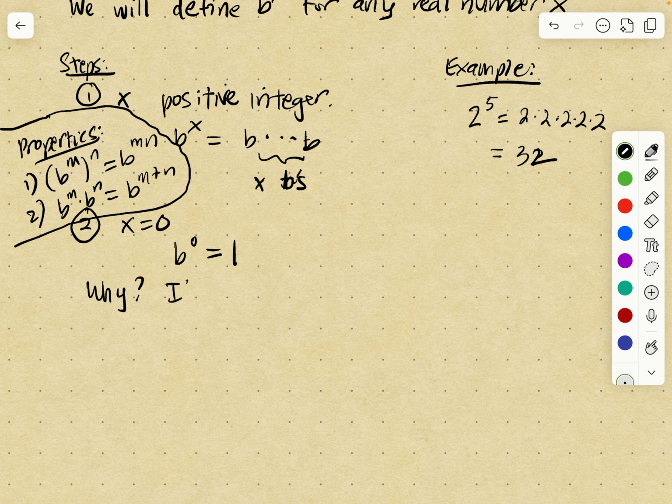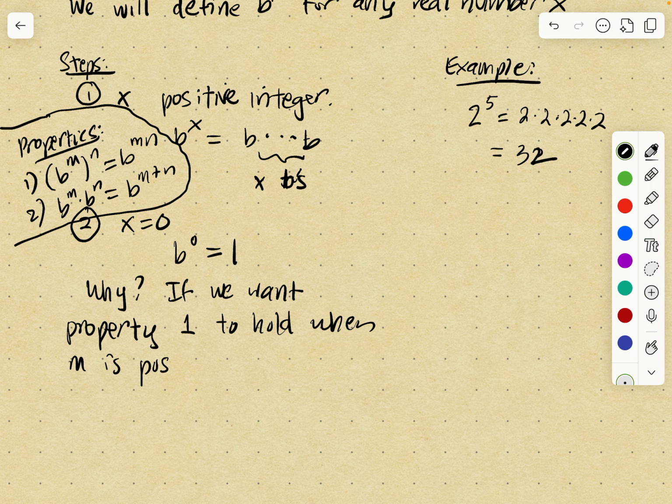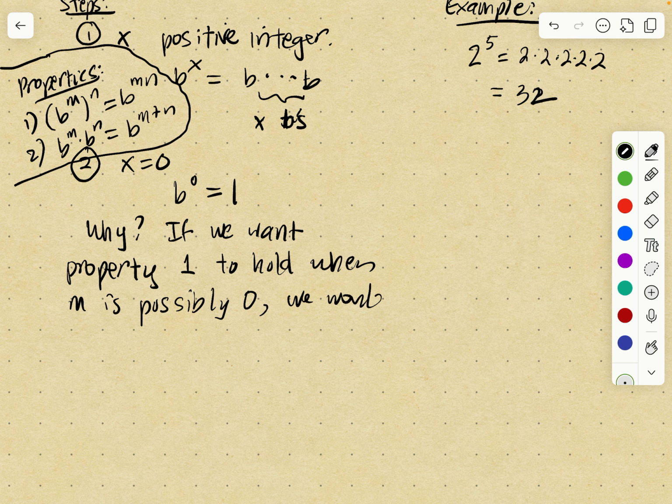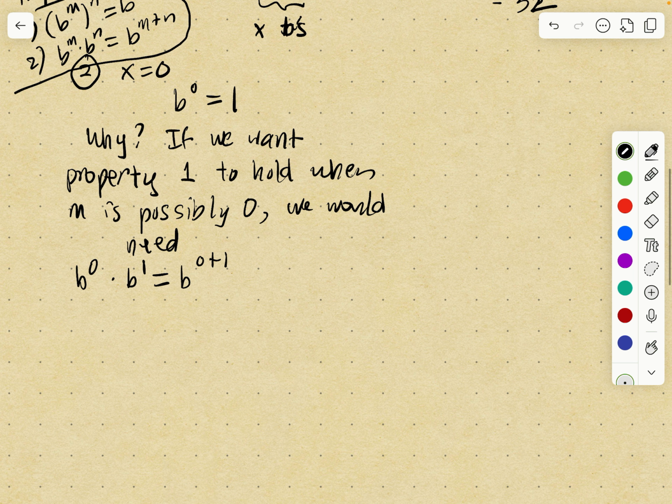Well, if we want property 2 to hold when m is possibly 0, we would need that if you take b to the 0 plus 1, that's the same as b to the 0 times b to the 1. If you take m to be 0 and n equals 1, then you would get b to the 0 times b to the 1 equals b to the 0 plus 1 power.